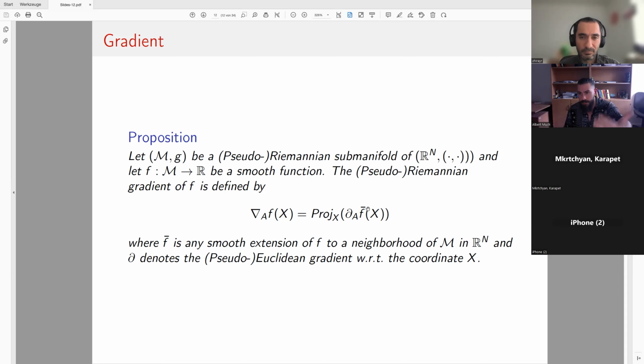What this does is really a lift or a pullback, as they say, because basically you forget for a moment that you're on this submanifold. You just behave as you want on R^n, and in R^n you know from school how to take differentials. The only thing you need to do is pull back or project with this orthogonal projector. So you can define a gradient and then also a Hessian and so forth, right? This is then just defined by this formula here.